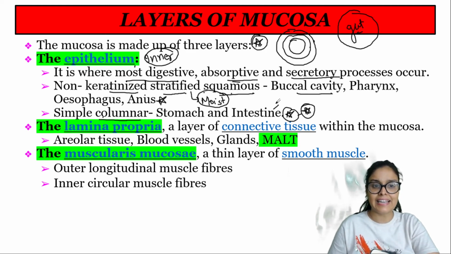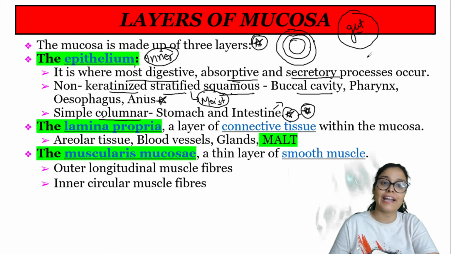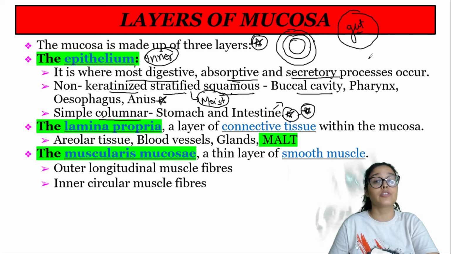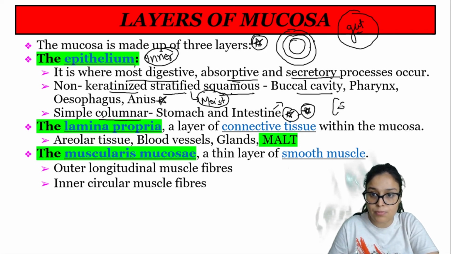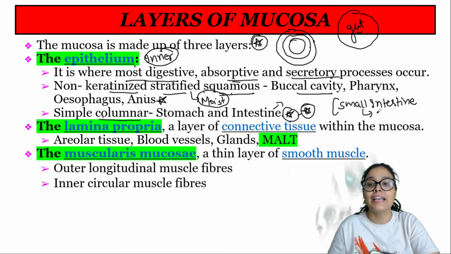Even if we talk about the small intestine, the small intestine has microvilli, a brush border columnar epithelium, right? So the innermost layer of the small intestine is basically made up of which epithelium? I have told you, the microvilli one.